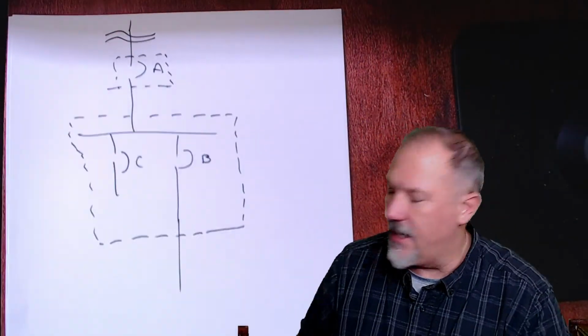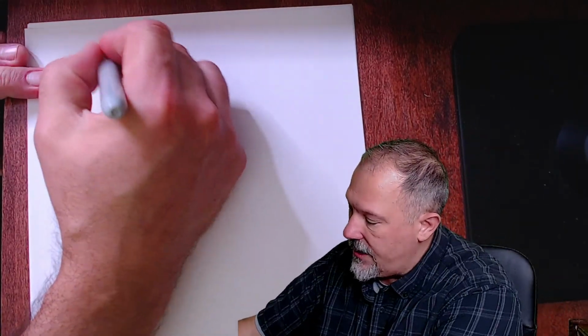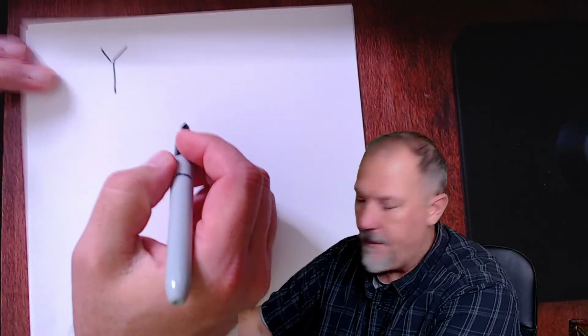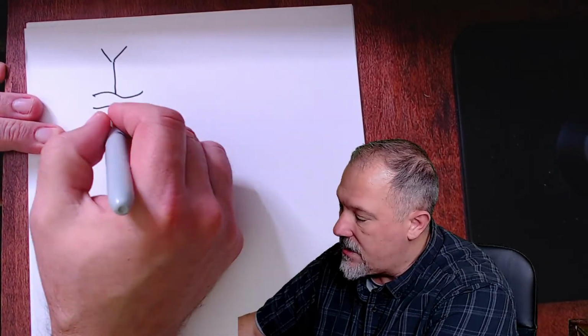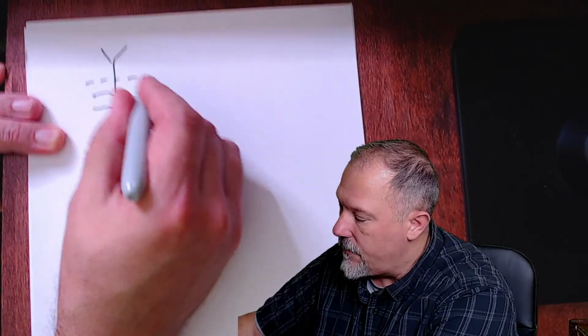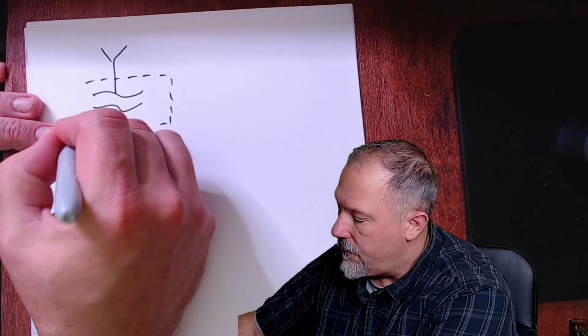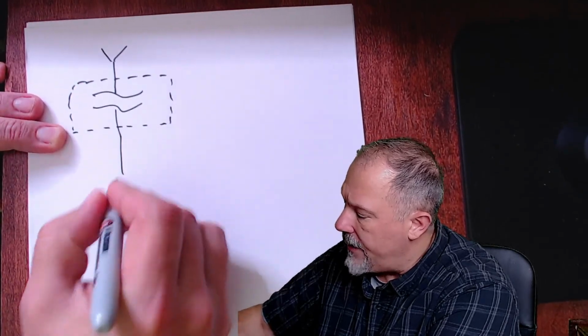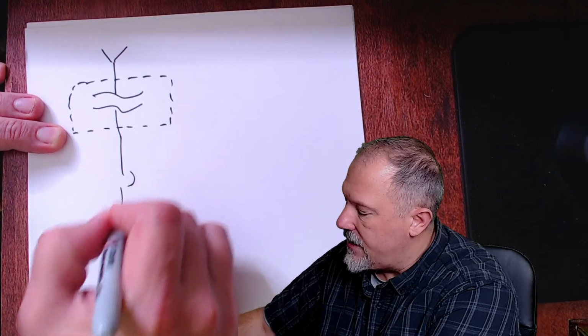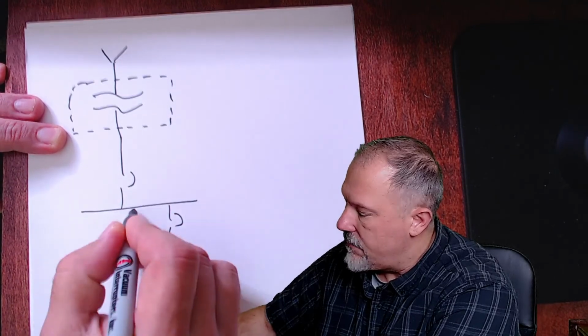Remember this discussion. Let's say that I had a service. I've got a utility, and maybe this is a utility transformer. And then I come down to this other big gray box.